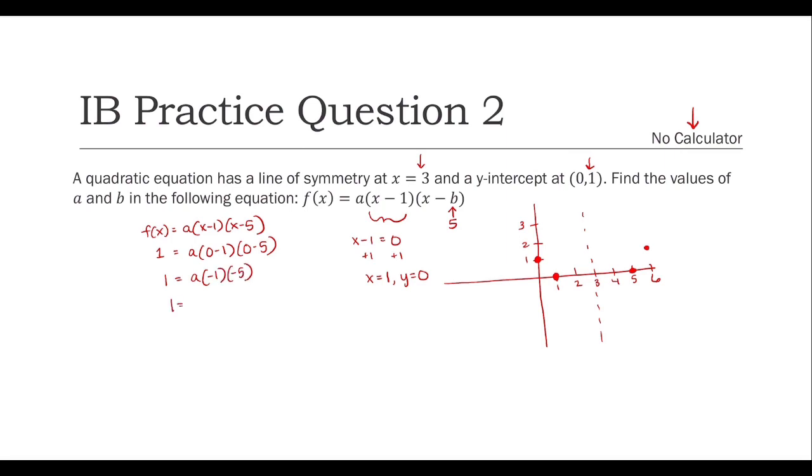So 1 equals 5a. And then if we divide by 5, we get that a equals 1/5. So now we've solved both of our values. We have a equals 1/5 and b equals 5. So there's our solution to our IB practice question 2.